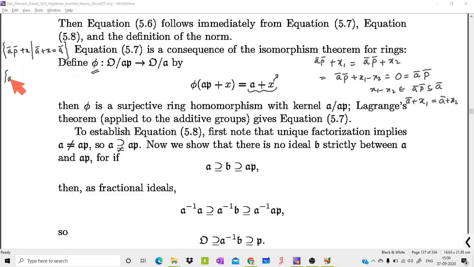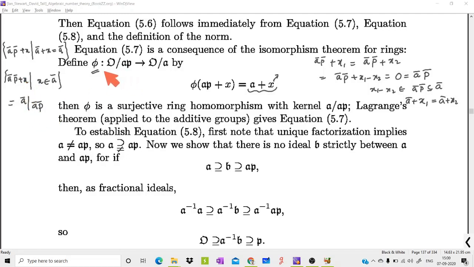From this you can say that x belongs to A. So these are the cosets of AP corresponding to the elements from A. This is nothing but the quotient A by AP, consisting of the cosets of AP using the elements of A. So we can easily get the kernel of this homomorphism as A by AP.